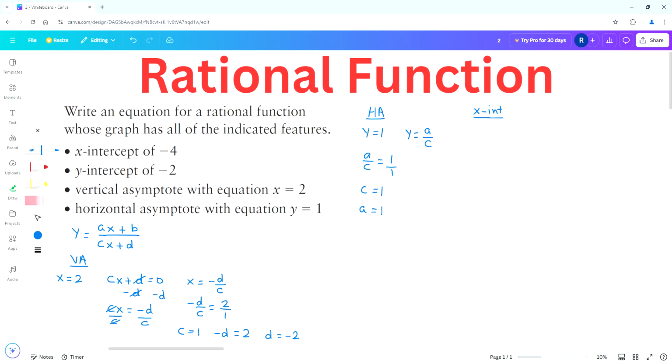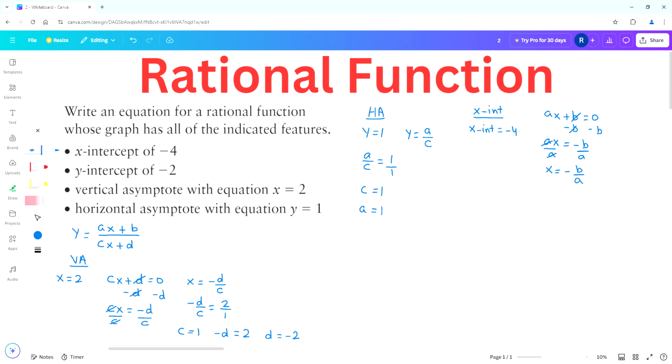The given x-intercept is -4. We can find the x-intercept from the general equation by setting the numerator expression equal to 0 and solving for x. I get x equals negative b over a.